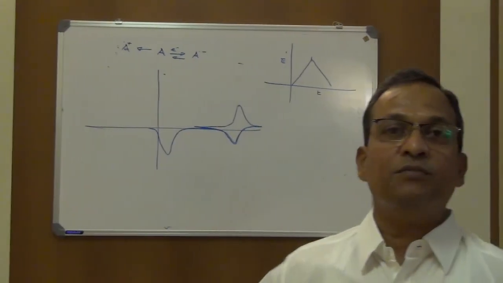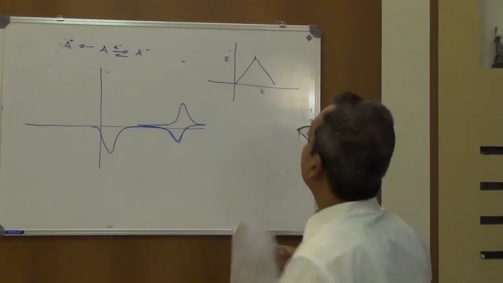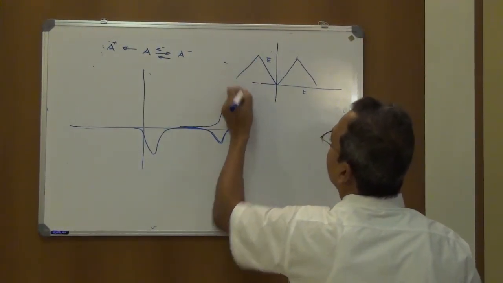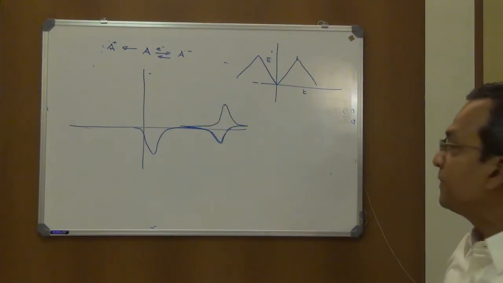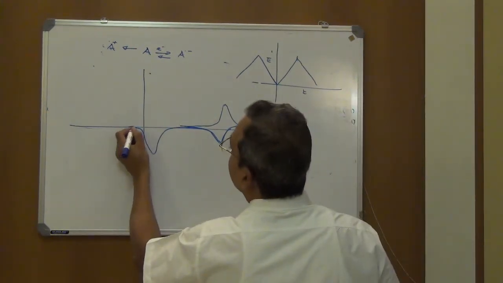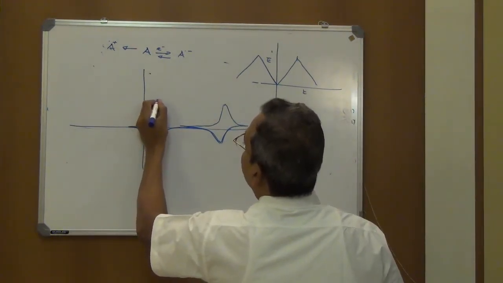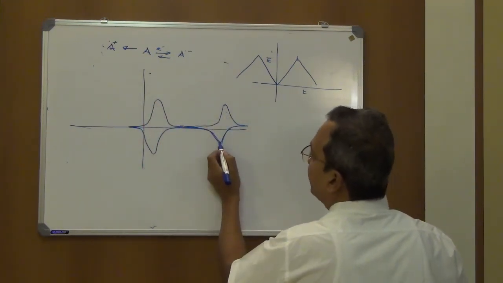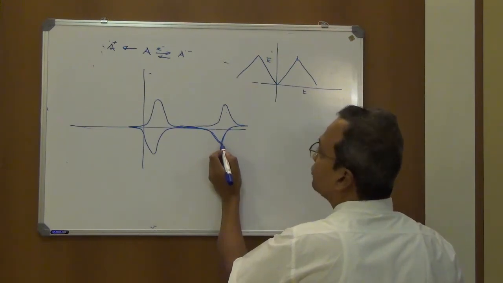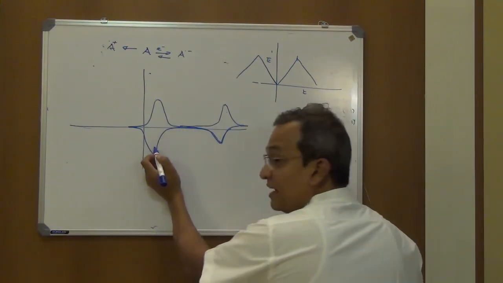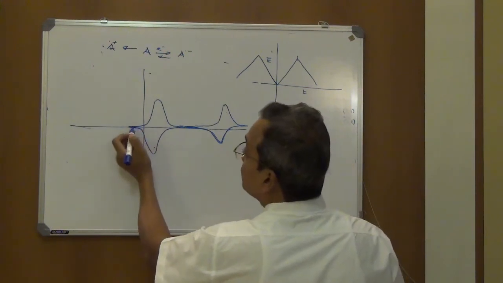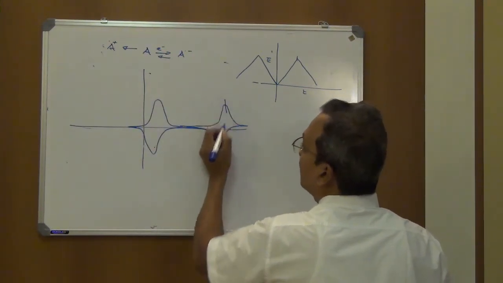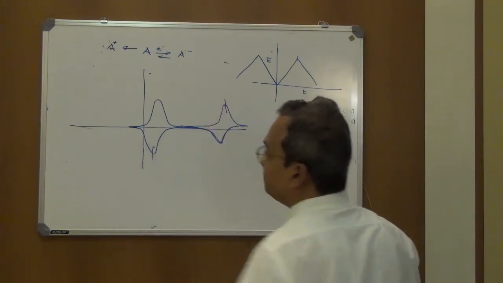If you reverse the potential, coming back to this point, I now get another complementary peak, because my system again is reversible. This is for formation of the anion radical back to the neutral molecule. This is for formation of the cation radical, that's oxidation, and this reaction is reversible, so I get a complementary cathodic peak. So I got an anodic peak, a cathodic peak, and an anodic peak.